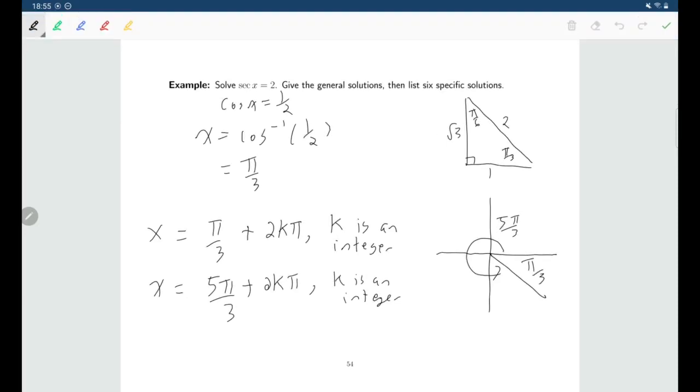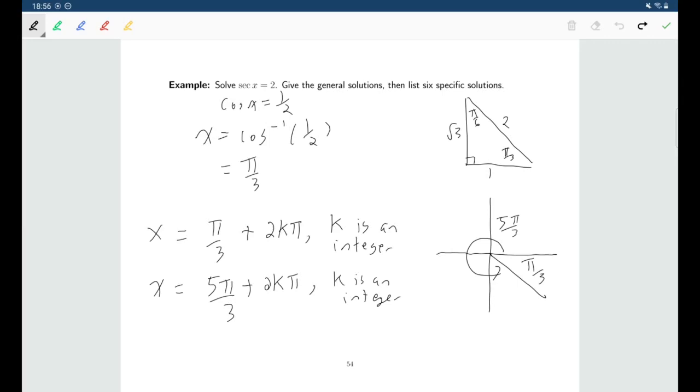Now, in addition to general solutions, which is the way we can express all the infinitely many solutions, we also want to find 6 specific solutions, and you can do that just by picking values for k. Each of those little equations would give you different solutions.